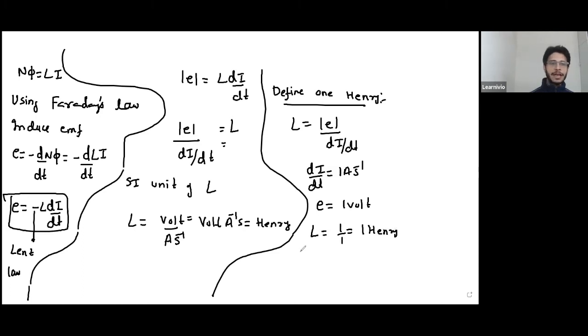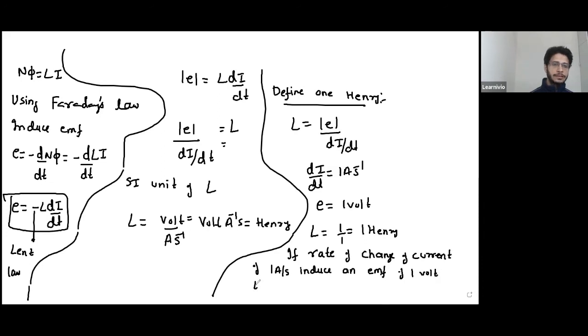So you can state this as: if a rate of change of current of 1 ampere per second induces an EMF of 1 volt, then self-induction is 1 Henry.